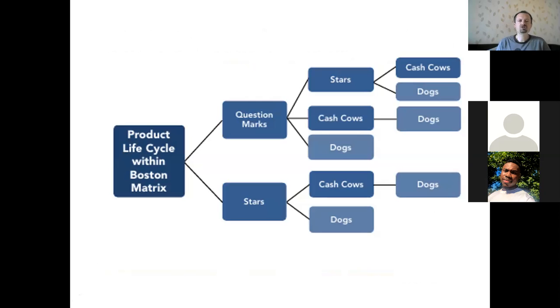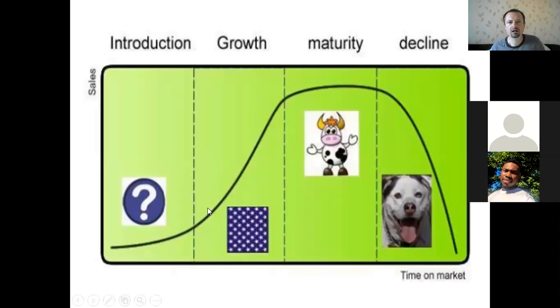And generally, the main idea is that we have to invest into stars, first of all, to support them, and then to help them to become cash cows, because any market in future will go from this interval to this one, to this one, and to this one.